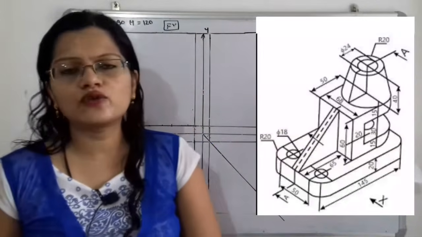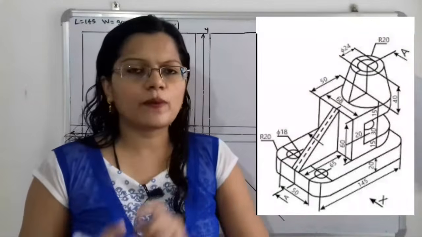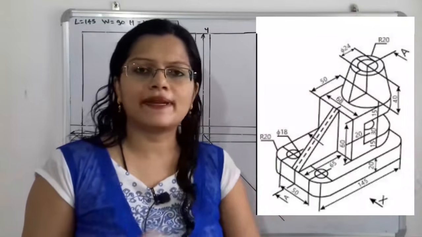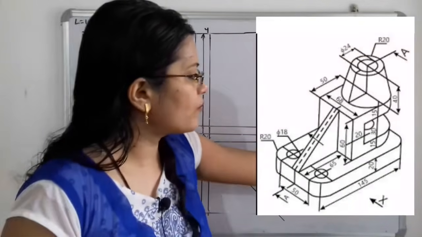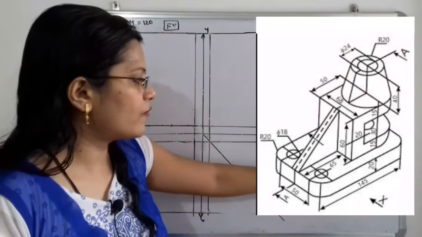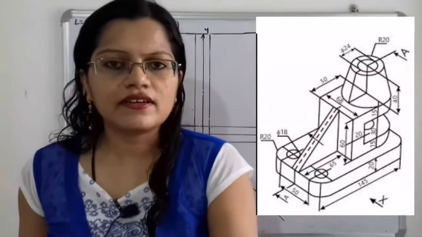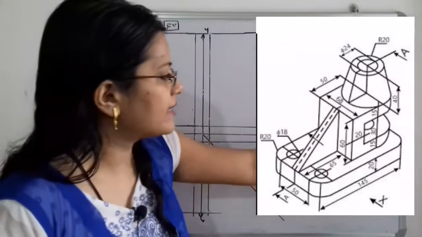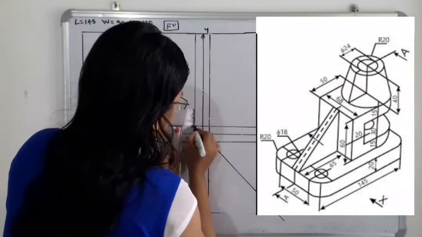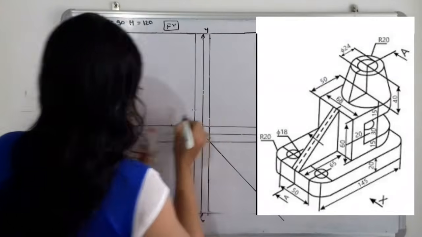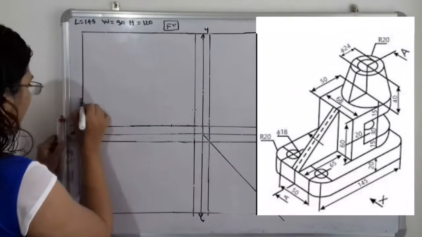Now we will start to draw the front view. The front view is the principal view, so maximum work can be completed in the front view. So we will move from the bottom to the top. From the bottom there is 20 millimeter height. So we have to take from both sides a height equal to 20 millimeter, and select the point.